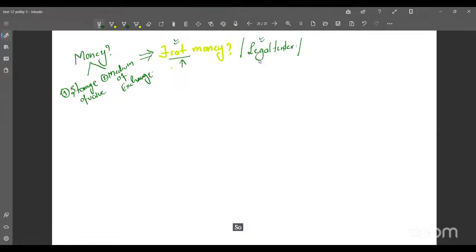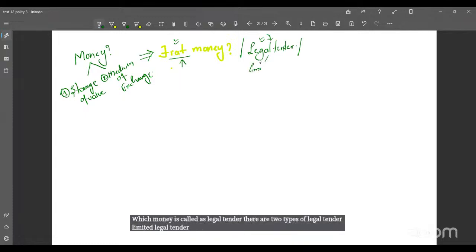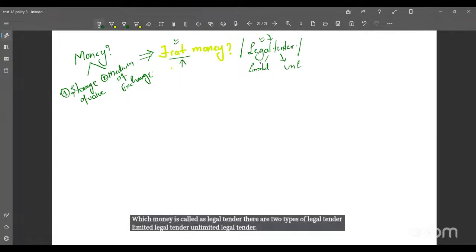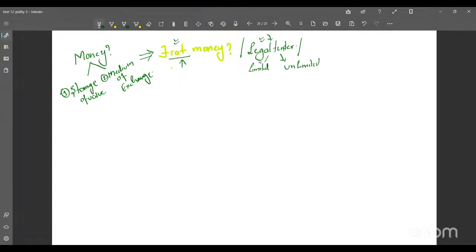So what is fiat money? Can anybody explain what fiat money is? Which money is called legal tender? There are two types of legal tender: limited legal tender and unlimited legal tender. So what do these words mean to you? Any idea?